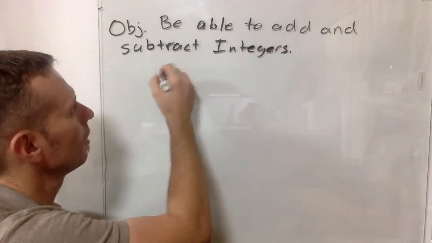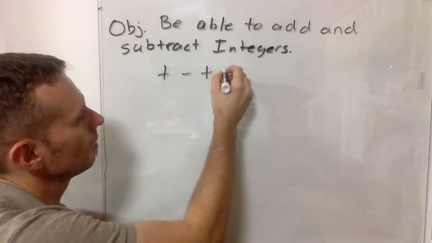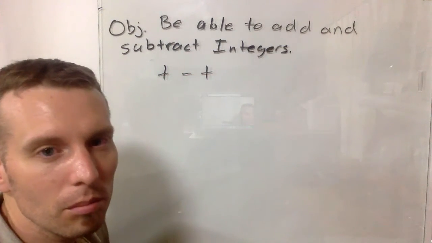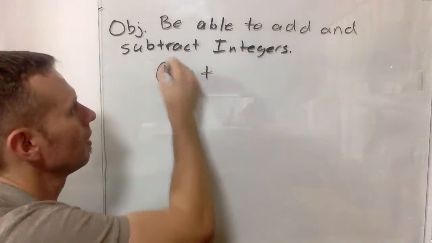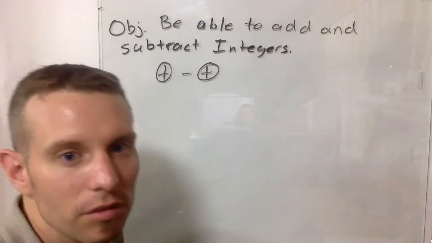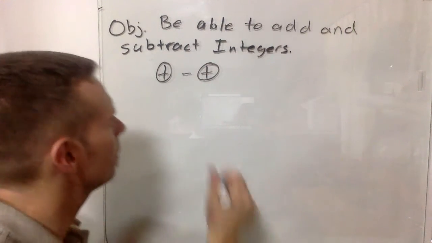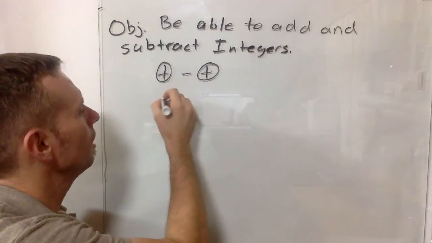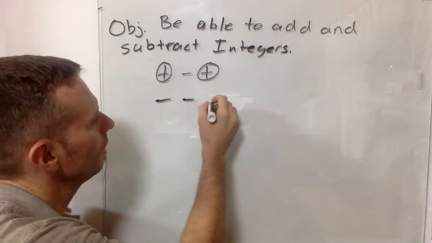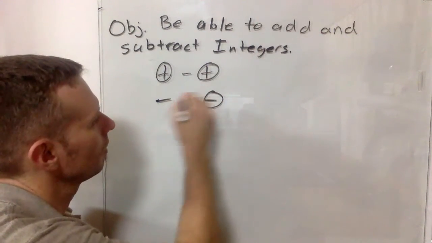We have a positive minus a positive. Well, we probably know how to do that, but maybe not. Let's see in a second. How about negative minus negative?